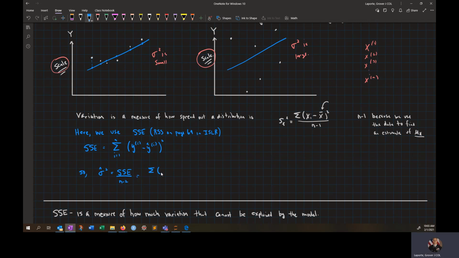If you want to actually see the formula, it's the sum of (y hat i minus y i) squared over n minus 2. Actually, I probably should put this in here just to remember. So what is y hat? Y hat is beta 0 hat plus beta 1 hat times x1,i.